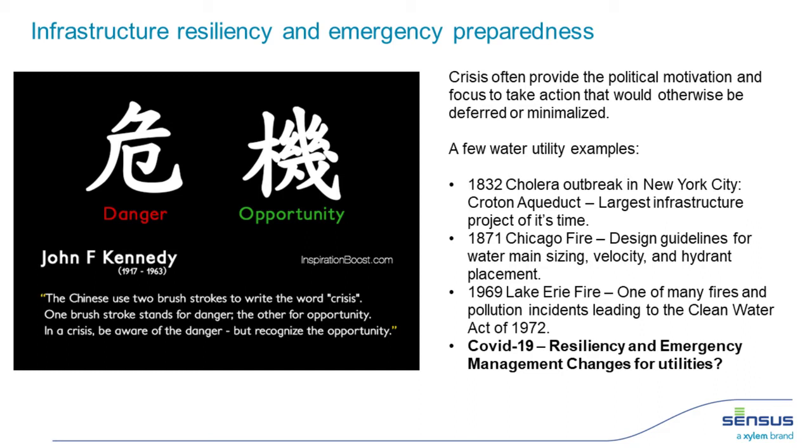They couldn't have predicted those kinds of things, but that disaster helped design some of the guidelines for water main sizing, velocity, and hydrant placing. So that's a positive thing that came out of it. And then the 1969 Lake Erie fire, one of the many fires and pollutant incidents, led to the Clean Water Act of 1972. So positive outcomes from a disaster.